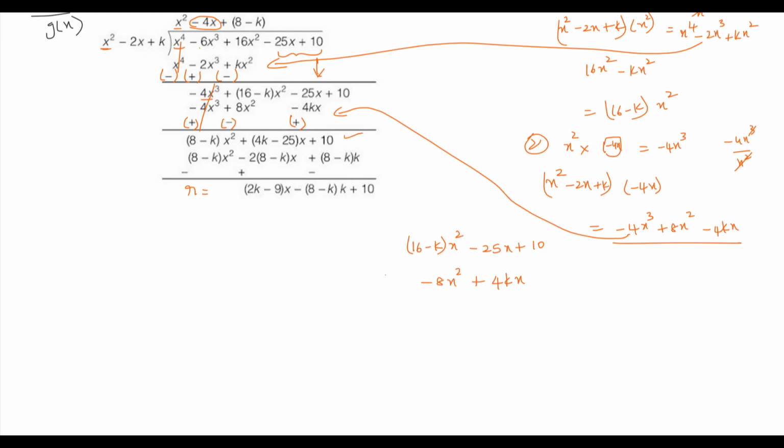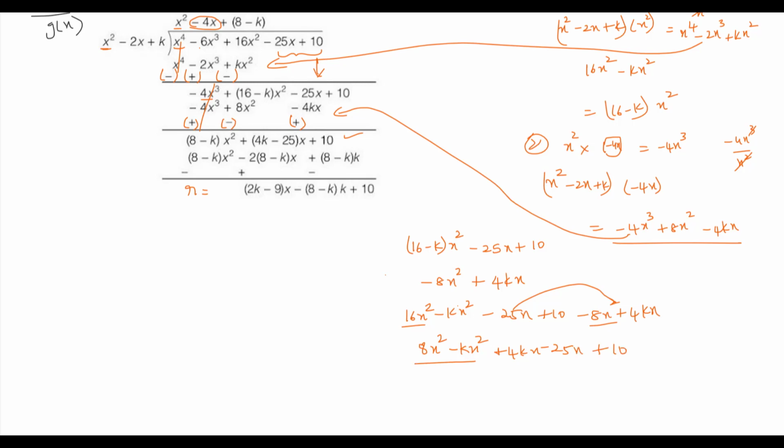So this is what you have to simplify. 16 minus k into x square will give us 16x square minus kx square, and minus 25x plus 10 minus 8x square plus 4kx. So the like terms are 16x square and minus 8x square. 16x square minus 8x square will give us 8x square, and minus kx square as it is, then 4kx minus 25x plus 10.